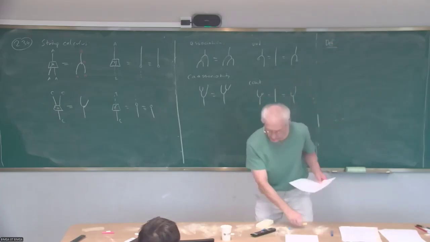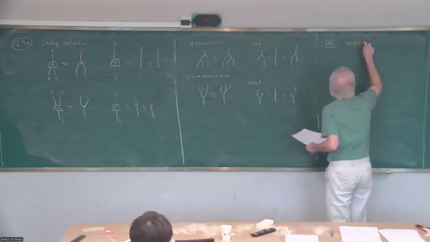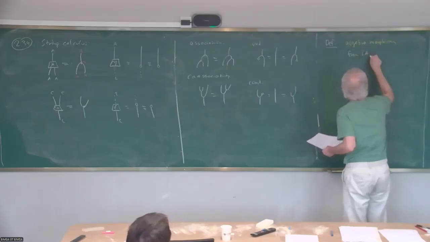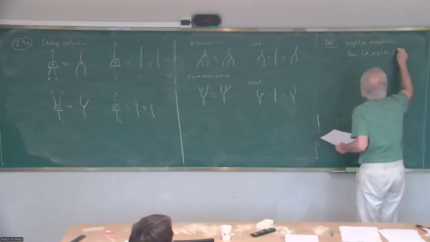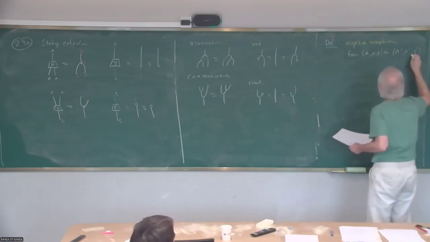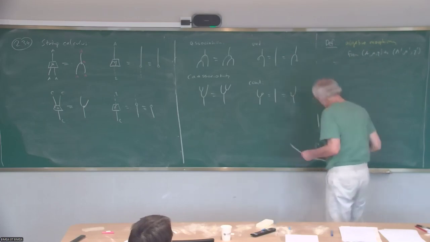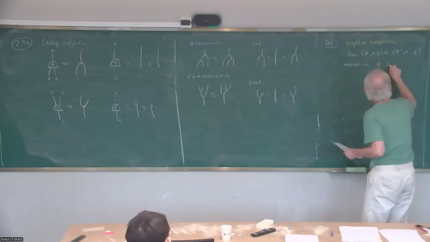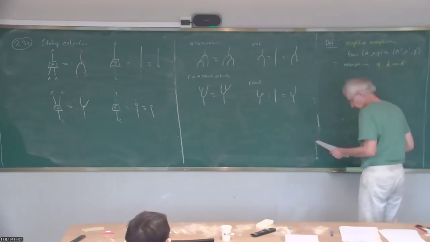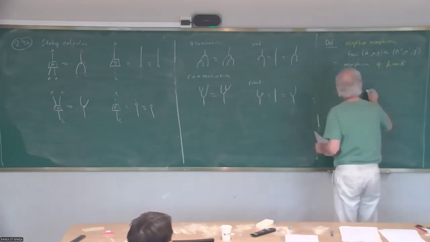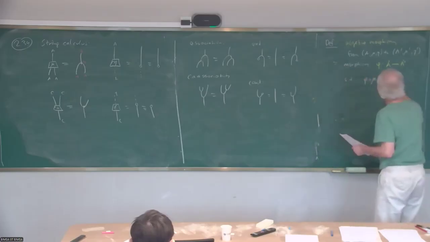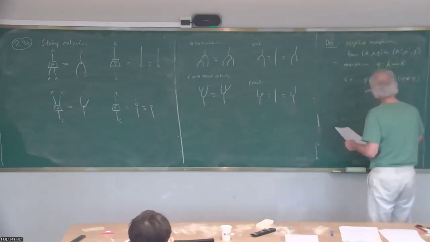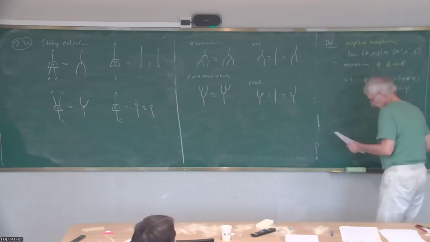An algebra morphism between two algebras, say from (A, mu, eta) to (A', mu', eta'), is the same as a morphism of the underlying objects, maybe I write explicitly now A to A', such that phi composed with mu is the same as mu' composed with phi tensor phi, and phi composed with eta is the same as eta'.